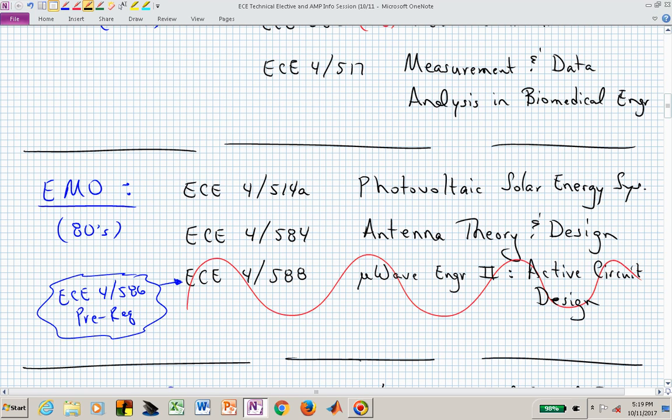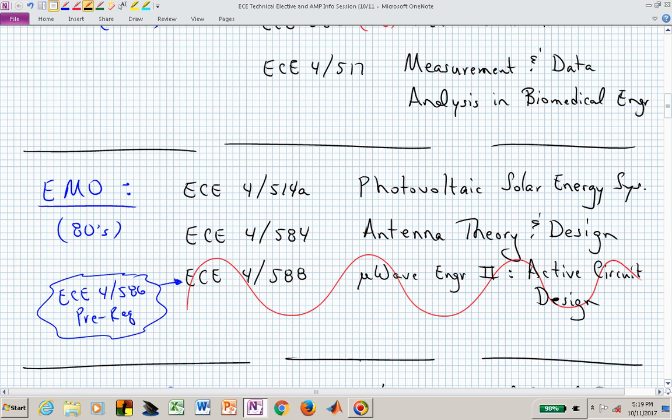But in the 80s, following like a 381, you might be interested in 484, which is the antenna theory and design class. One that's not necessarily like, well, it does depend on 381, is the photovoltaic.